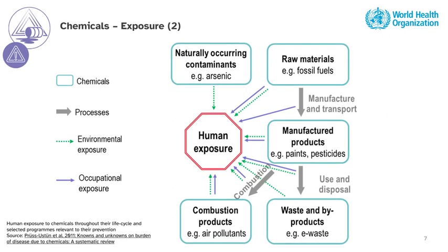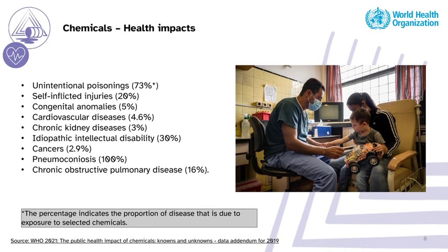This diagram shows exposures to chemicals during their life cycle and links those chemicals to certain policies and programs. In this diagram, chemicals are classified as naturally occurring contaminants, raw materials, manufactured products, waste and byproducts, and combustion products. As there are so many different kinds of chemicals, there are also many different health impacts that can be linked to exposure to chemicals.